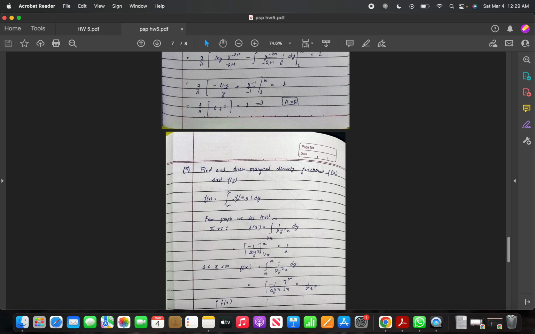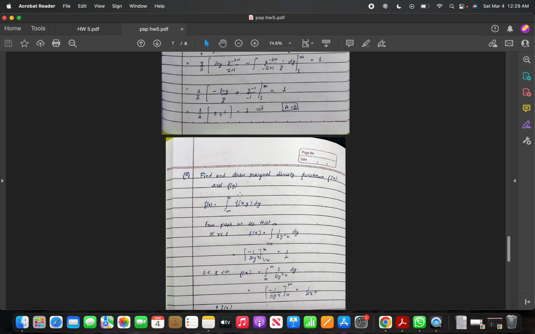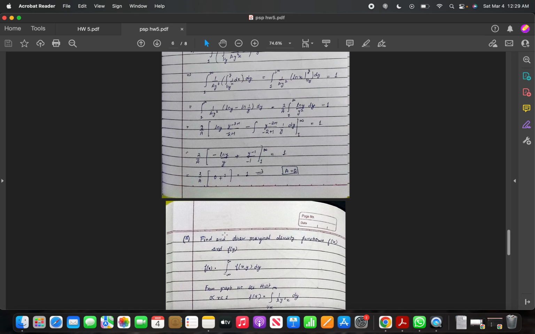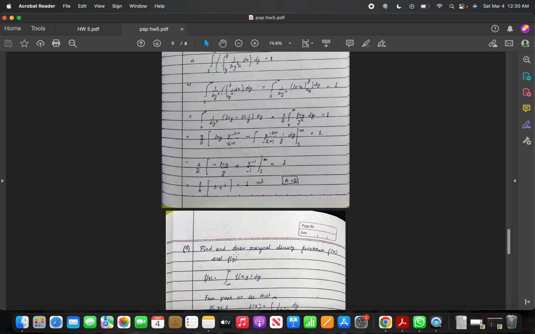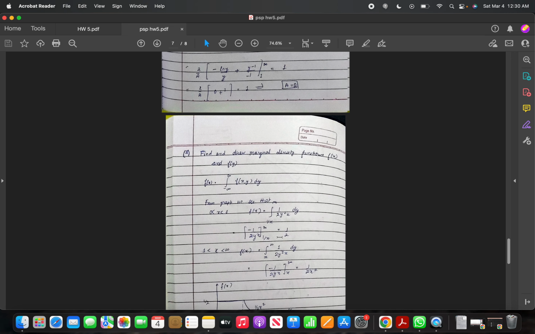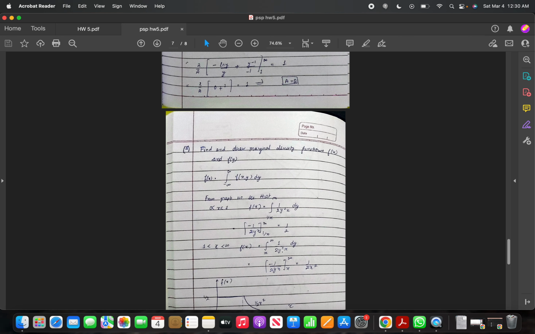And from the graph, we know that for the region x between 0 to 1, which is basically this region, the value of y is from, sorry, it is from 1 by x to infinity.